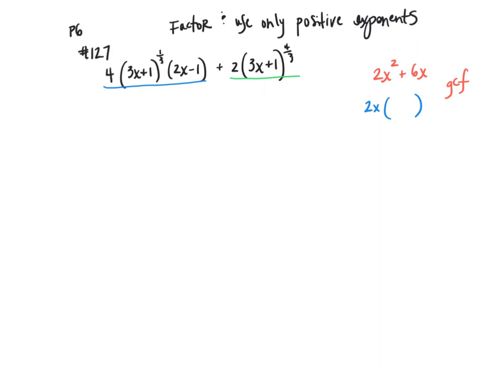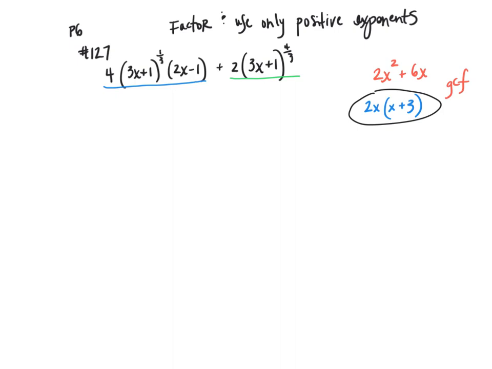If you distribute the 2x times x, that gives you the first term, and 2x times 3 gives you the second term. Remember, factoring, if you're working backwards, is the opposite of distributing.